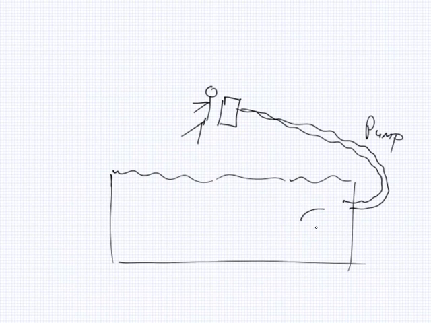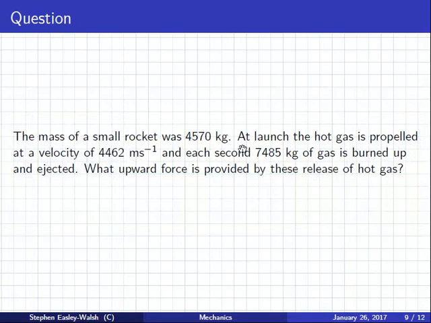So the water comes in here, and then the water is fired out of this backpack, and of course you see him moving up. I don't know if you've seen this video. Anyone else seen this? No. So my point is, this works for water, for gas, machine gun pointed at the ground, there'll be an up force. Okay. Right. Let's have a look at an example here.